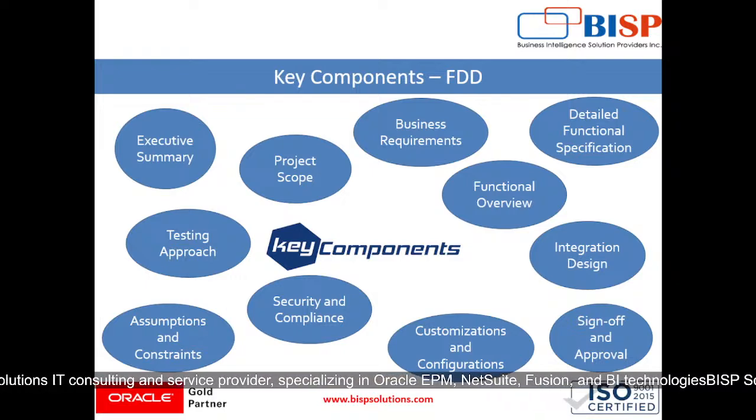Then comes our business requirements. The purpose of business requirements is to capture the high-level requirements identified during the requirements gathering phase. The contents involved are detailed requirements organized by business area, reference to the business requirements document, which is BRD, if available with us, and prioritizing requirements, which means must have, nice to have, etc. Then functional overview, which describes the overall functionality and design approach of the system.